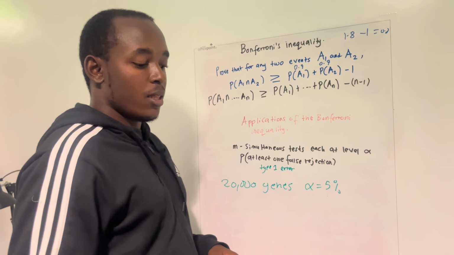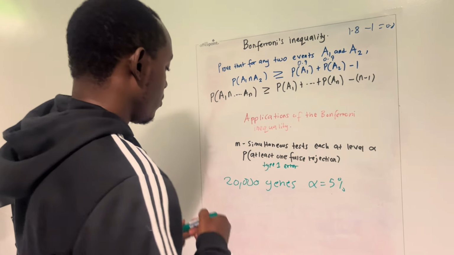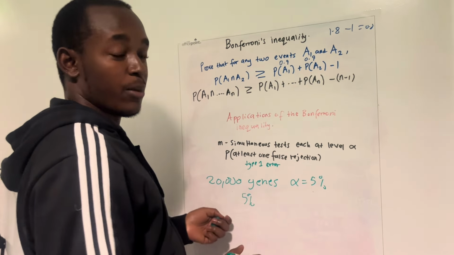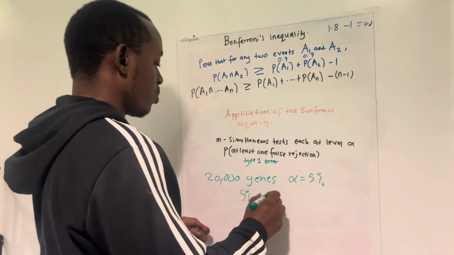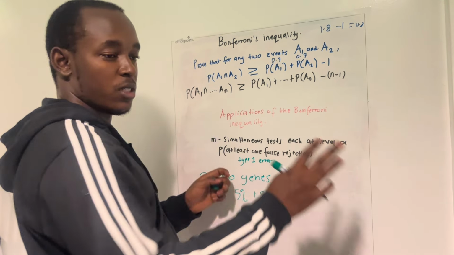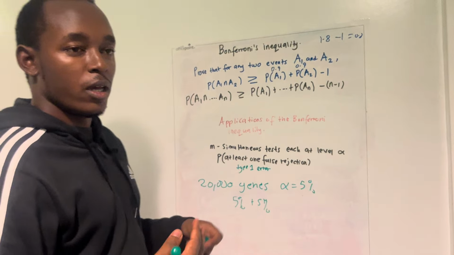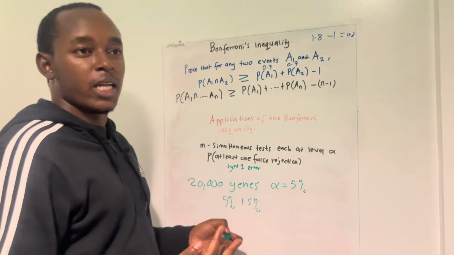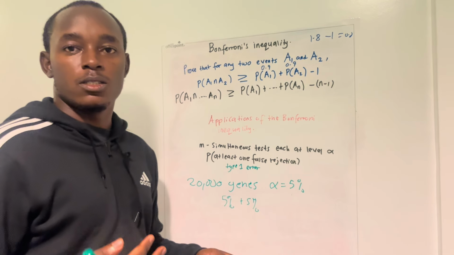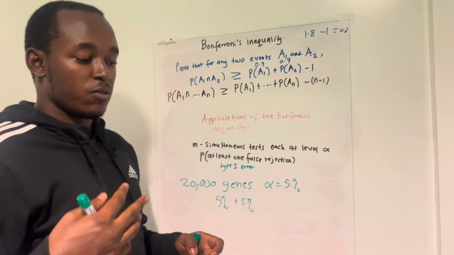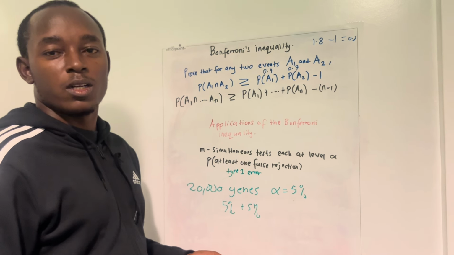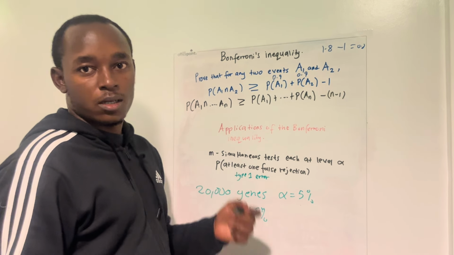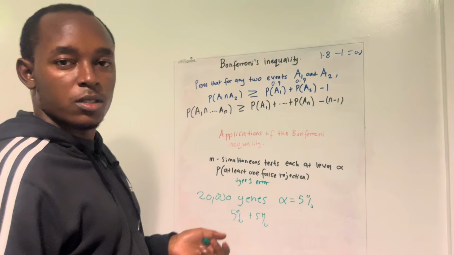For the first test there will be a 5% chance of a type 1 error, then for the next one another 5%, and all of these are going to accumulate and increase your type 1 error. A type 1 error is the probability of falsely rejecting the null hypothesis, and you end up with false discoveries.